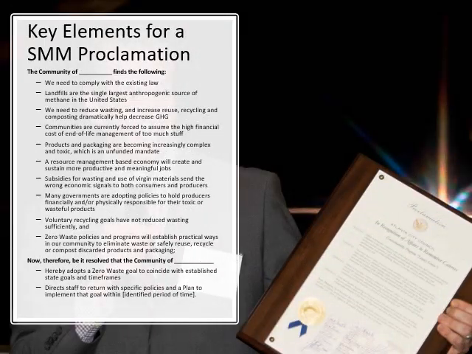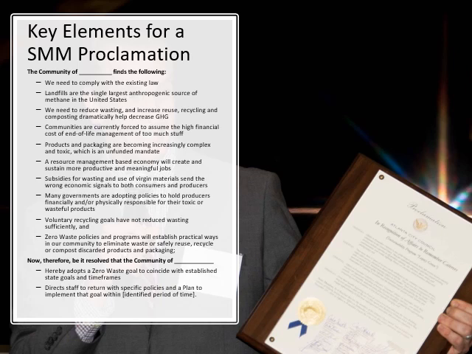Well, how can you develop a goal? You can do a proclamation, like a resolution. This is a resolution, for example, a proclamation. The community of blank finds the following. We need to do the following things. And as a consequence, we're resolved that our community hereby adopts a zero waste goal and directs staff to return with specific policies and a plan to implement that goal by such and such date.